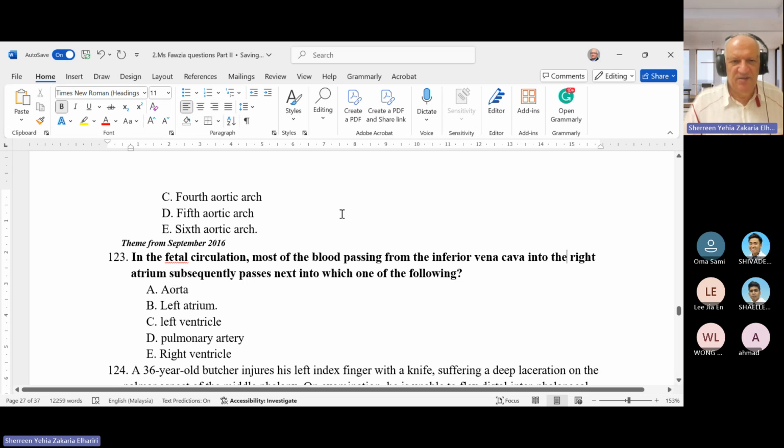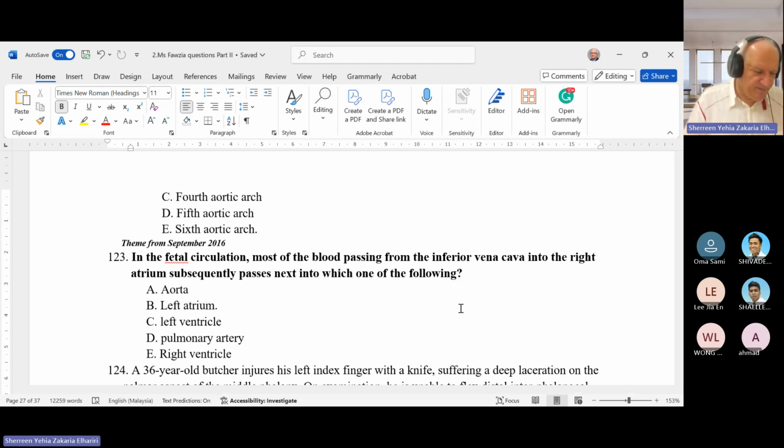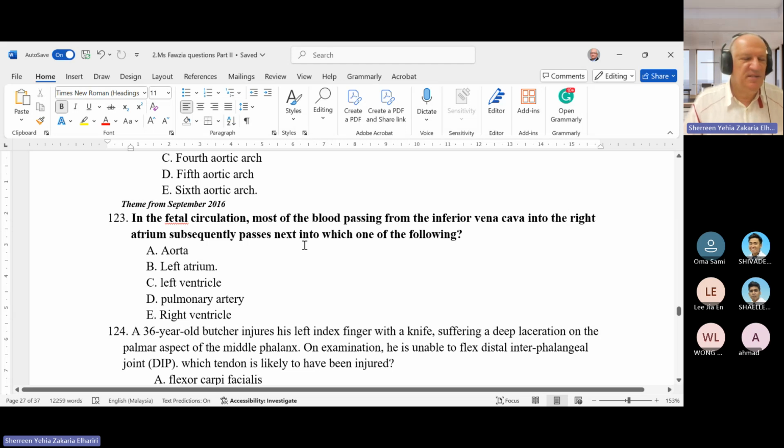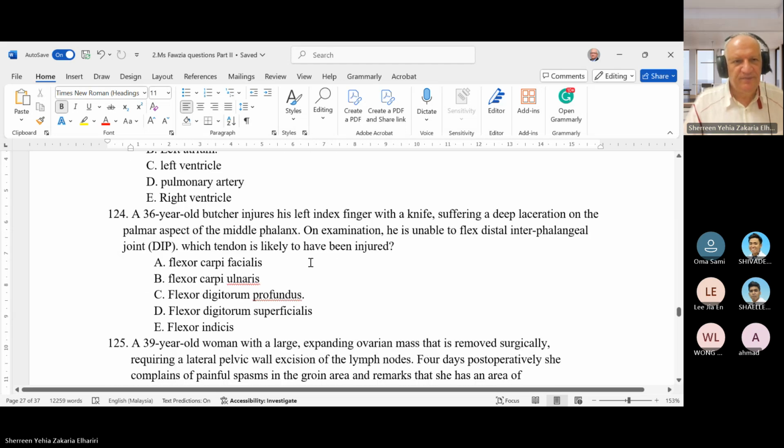After the right atrium, it does not go to the right ventricle, because that leads to the pulmonary circulation and the fetus doesn't have a functional lung. So it goes from the right atrium to the left atrium through the foramen ovale. If it becomes patent, we call it atrial septal defect, ASD.